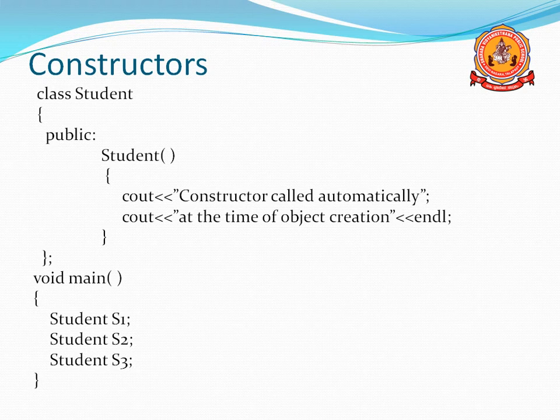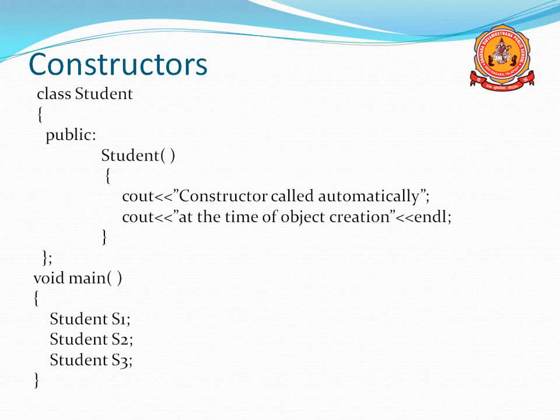Next we will move to void main. The first statement, Student S1, means an object is created. When the compiler is going to execute Student S1, first it will call the Student constructor, and what is written inside the constructor will be executed. Once again, the next statement, Student S2.